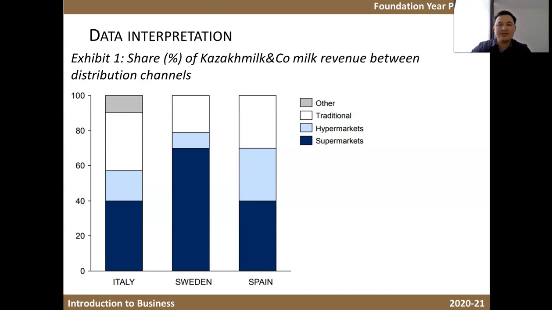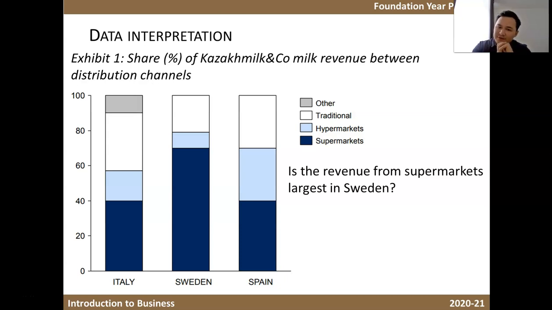So the company is selling their products, the milk, for example, via supermarkets, hypermarkets, traditional, and some other means of sale. So the distribution is given here. For Italy, for example, supermarket sales correspond to 40%. So if the company is selling for 1 million tenge per month, then obviously 400,000 tenge in Italy would be due to supermarkets, and so on. Okay.